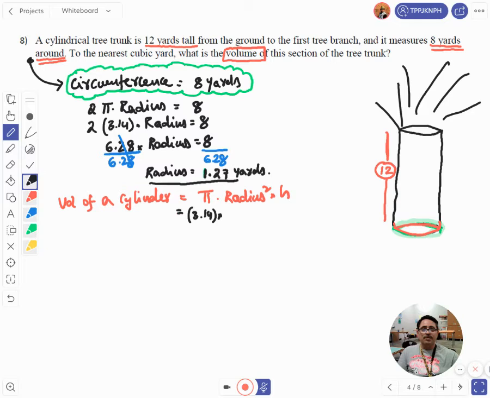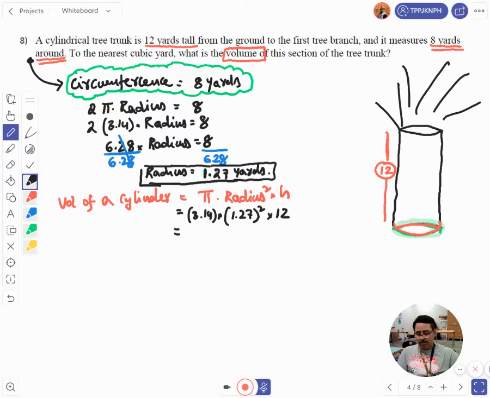What is the radius? Just now we computed that it is 1.27, therefore 1.27 square. And what is the height? That is 12 units. Once you plug in the numbers, take the calculator.